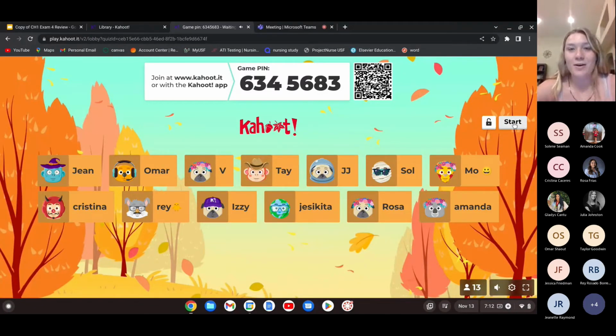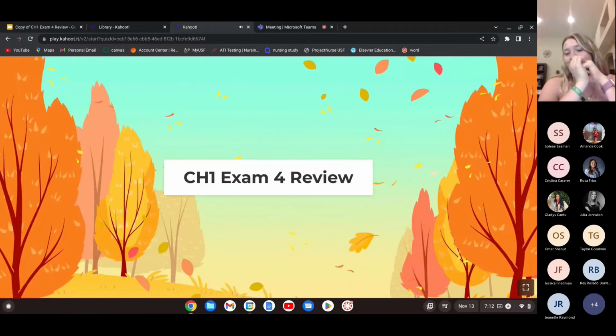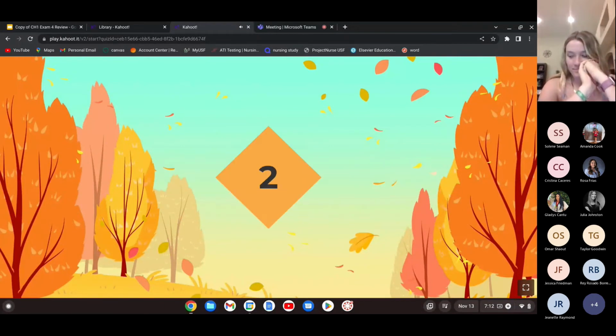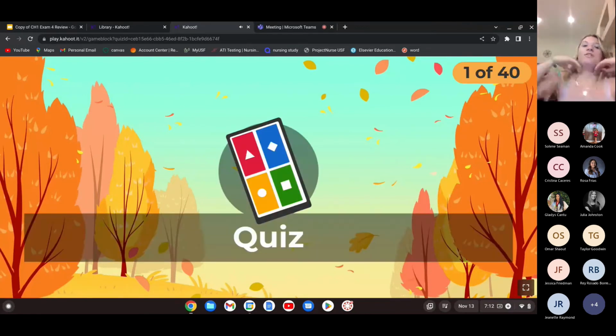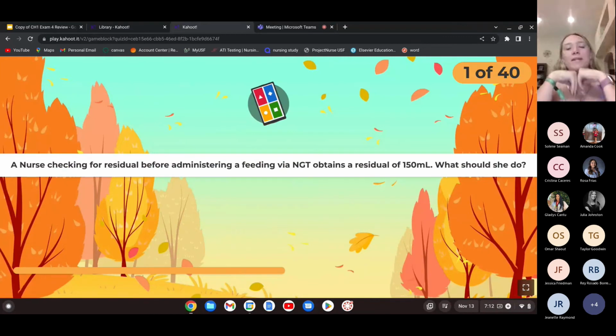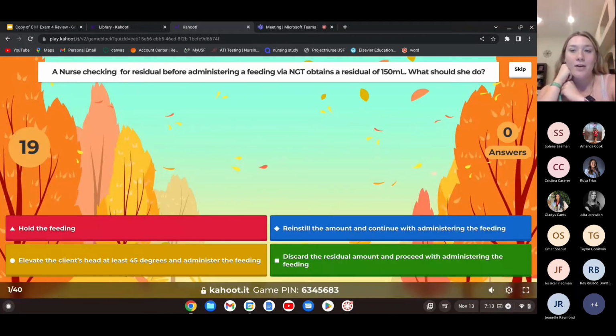There's about 40 questions, so bear with me for that. A nurse is checking for residual before administering a feeding via a nasogastric tube and obtains a residual of 150 mLs.